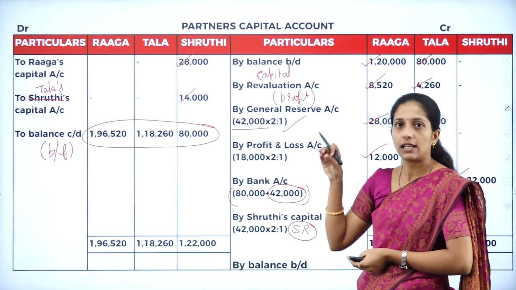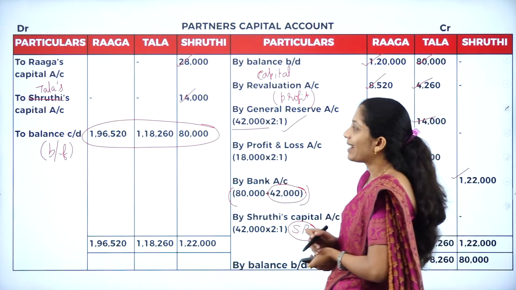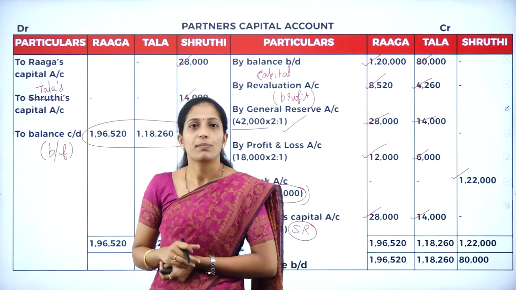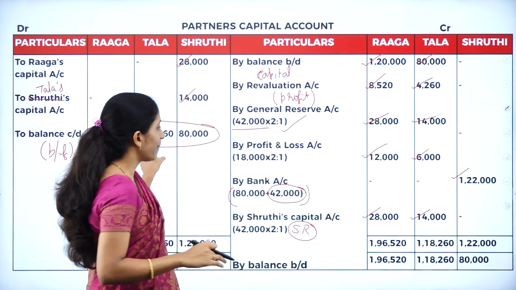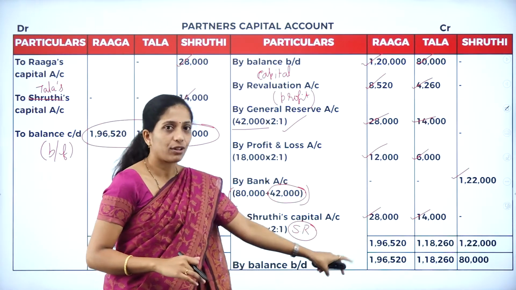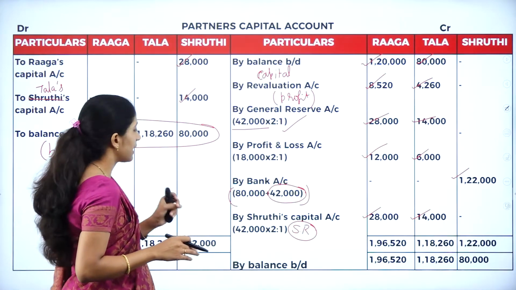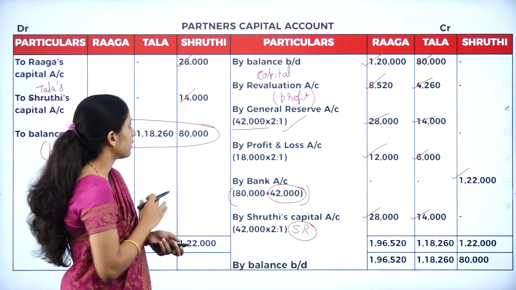So you have to take each individual partner and balance both the sides. And the balancing figure will be transferred or carried down and that will be recorded in the balance sheet as the capital of the partner. So whatever amount you have carried down, bring down that balance as by balance brought down, the same amount, that is 1,96,520, 1,18,260 as well as 80,000.